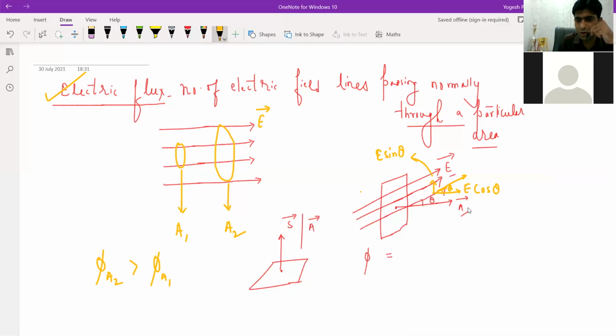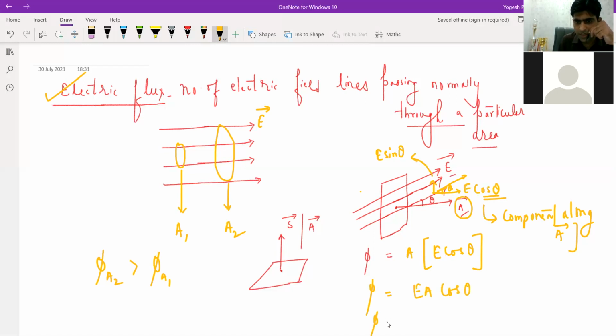Now along the area vector, which component is there? E cos theta. So we can write flux phi is equal to E A cos theta, where phi is the symbol for flux.